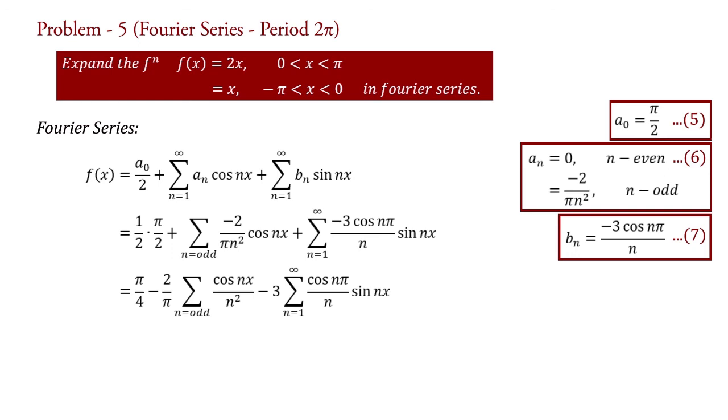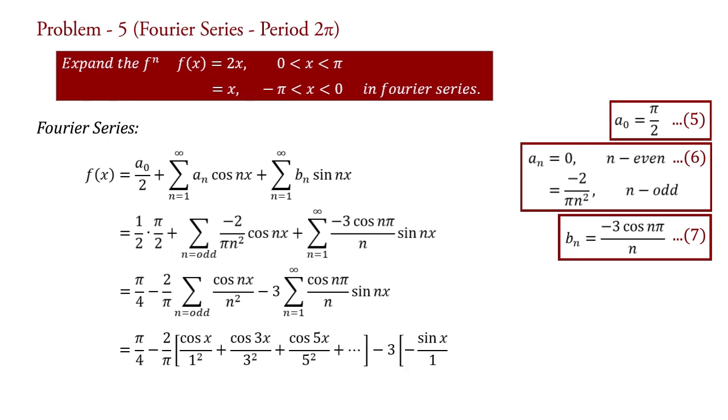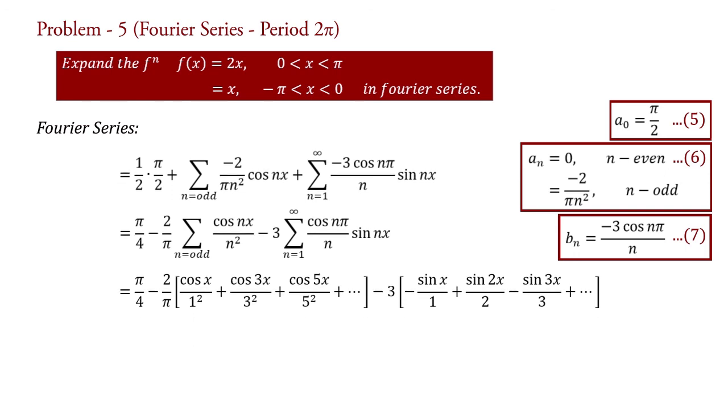Now expanding it, f of x equal to pi upon 4 minus 2 upon pi into bracket cos x upon 1 square plus cos 3x upon 3 square plus cos 5x upon 5 square plus so on, minus 3 into bracket minus sin x upon 1 plus sin 2x upon 2 minus sin 3x upon 3 plus so on.